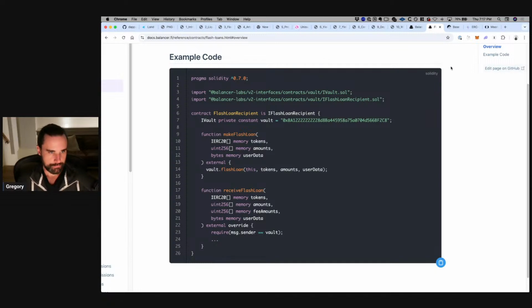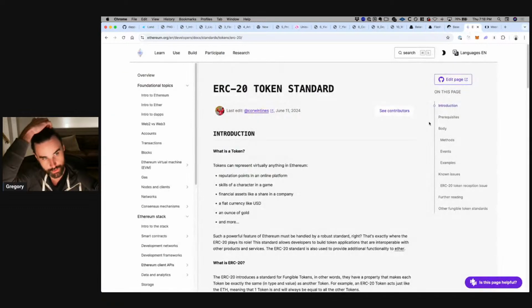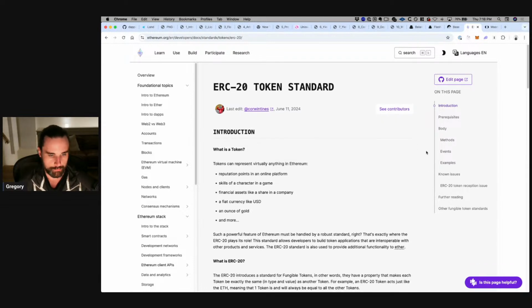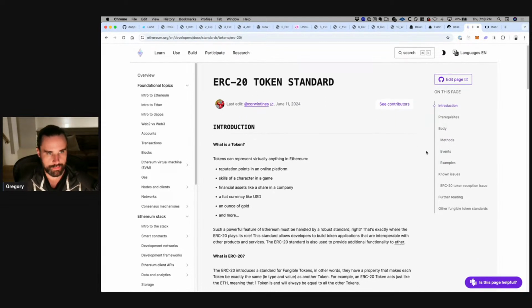Now, the other thing that we're going to cover, I want to make sure that you understand, are ERC20 tokens, all right? Because these are the types of cryptocurrencies that we're going to flash loan. So what are ERC20 tokens? Well, basically, Ethereum and most other smart contract blockchains let you create cryptocurrencies without creating a blockchain, all right? So on Ethereum or Base, you have the gas token, which is ETH.